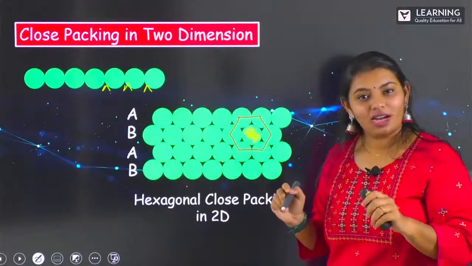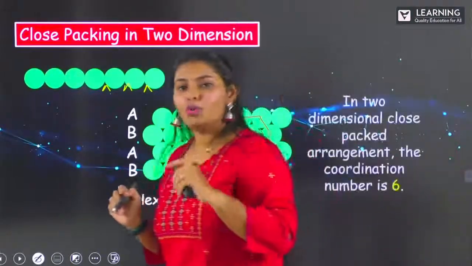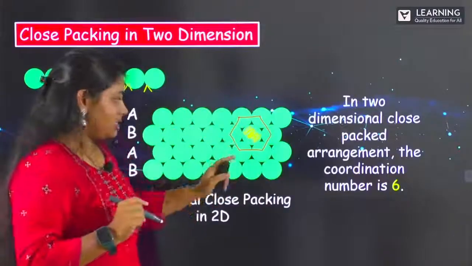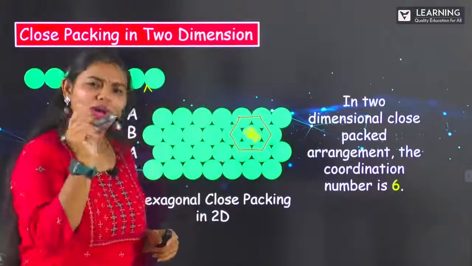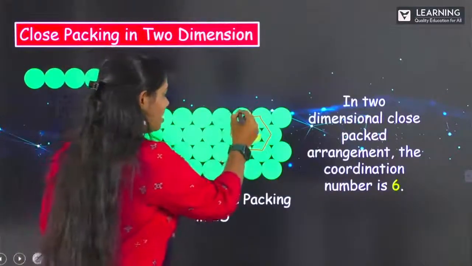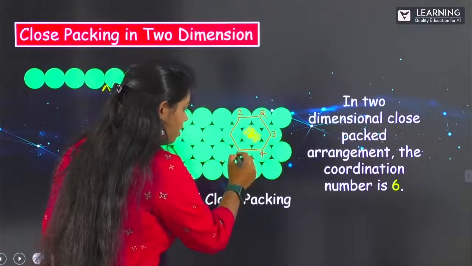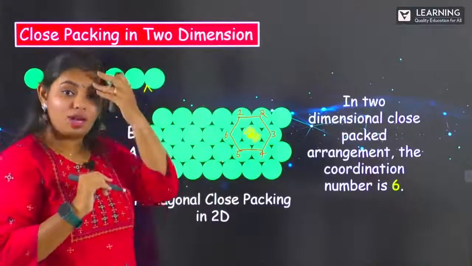Now what is the last part left? Do you remember? We already studied this. Coordination number. So what would be the coordination number for this particular close packing? As I told, it is the number of particles surrounding one particular particle. So how many are there? 1, 2, 3, 4, 5 and 6. Correct? So there are 6 particles being arranged.